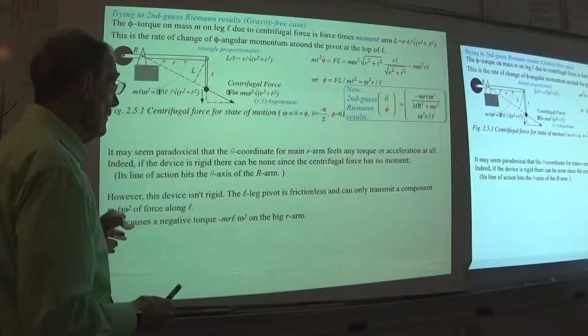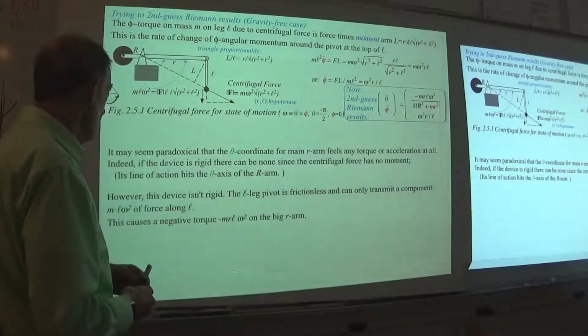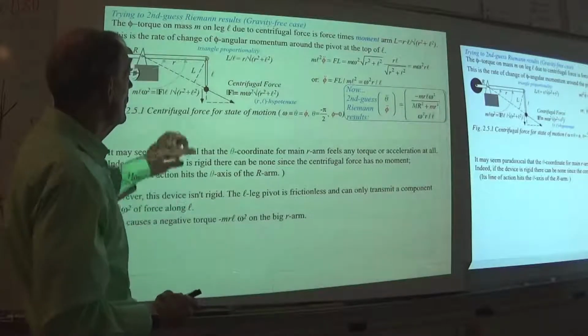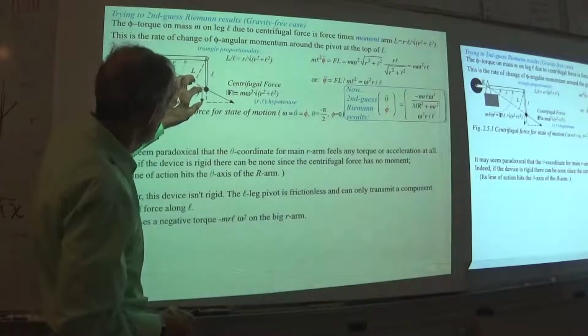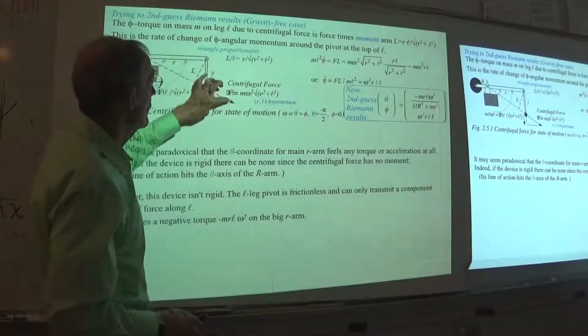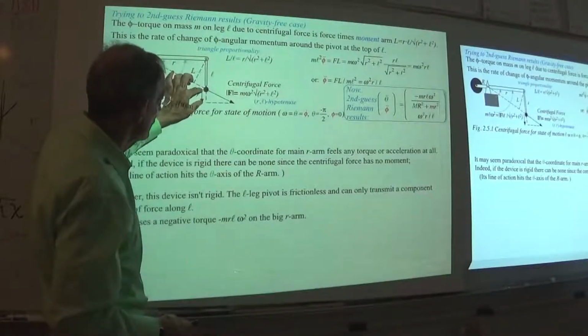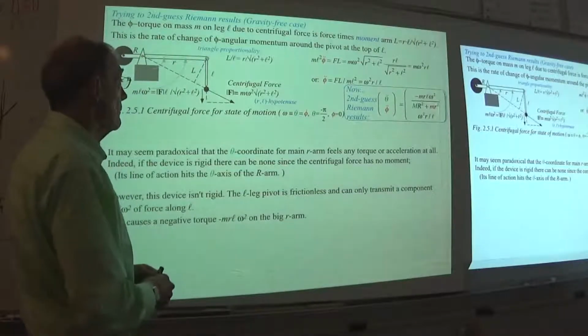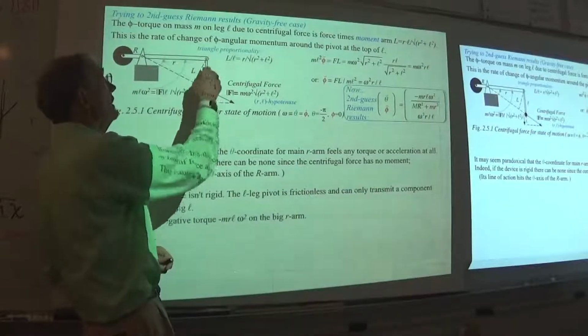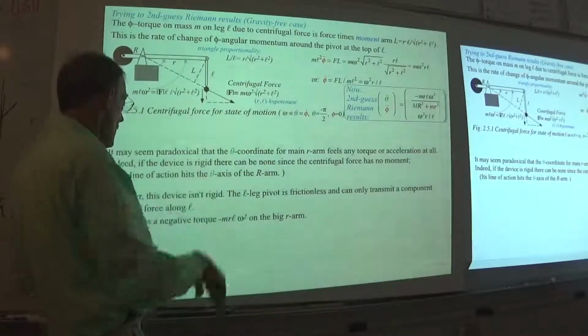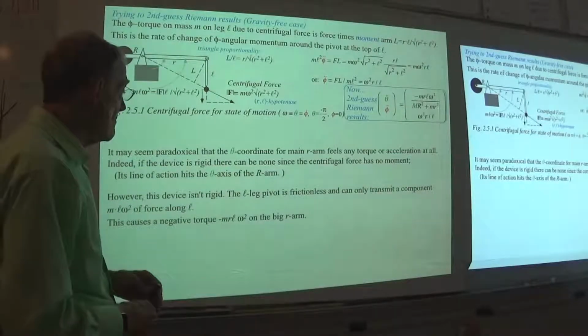But anyway, the idea is that this could certainly put a component of force along L. That's this guy right here. That force is useless, but this is useful. This could make a connection between this one's velocity and what the beam is doing, okay?